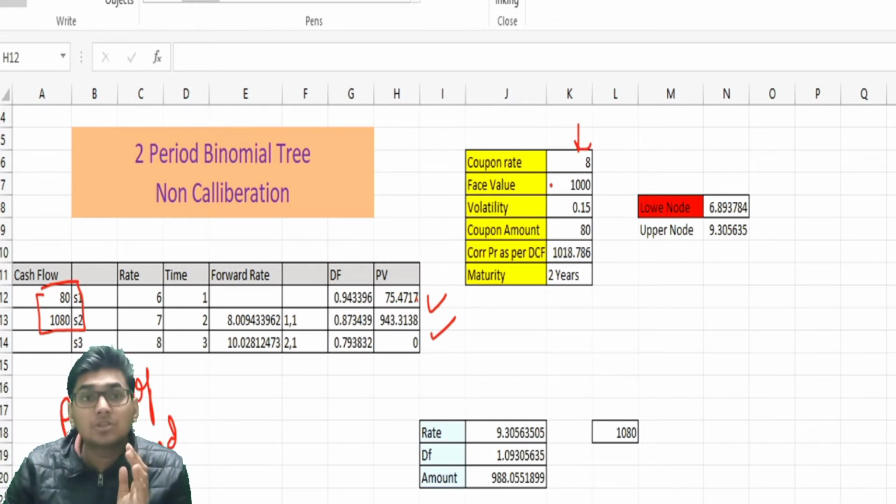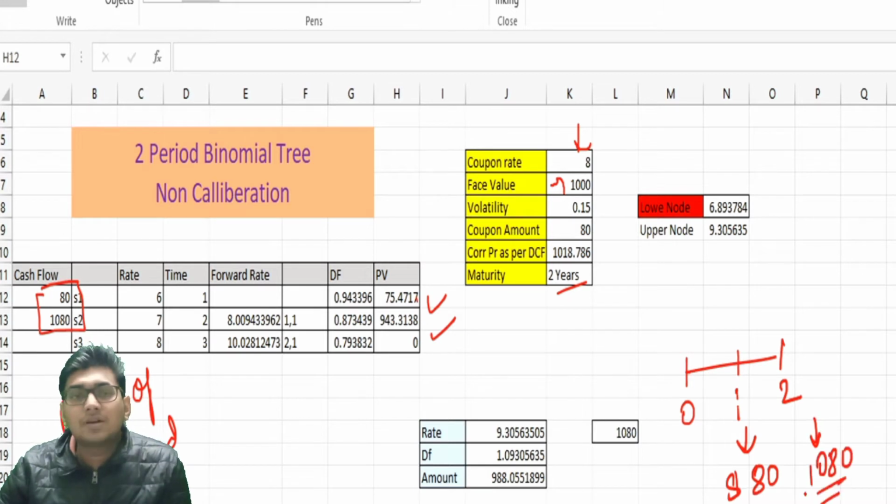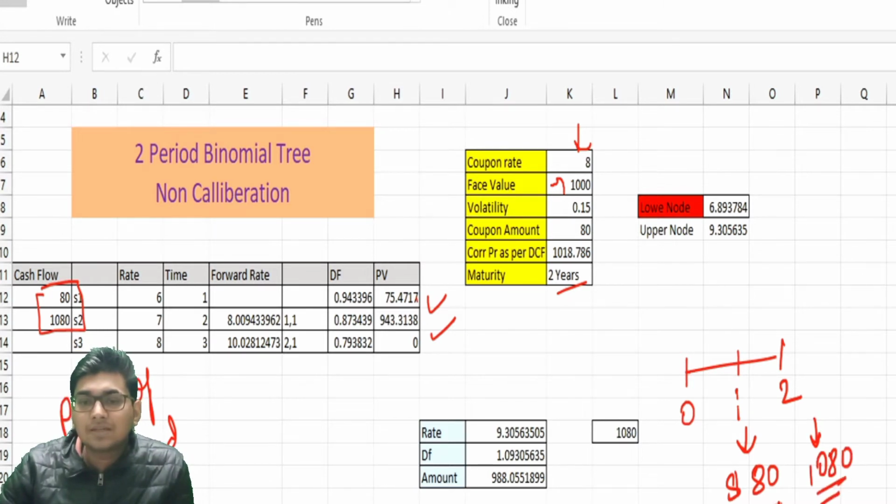So the sum of these two present values I have already mentioned here. Okay, let me open it. Yes, so you can see 1018.786. This is the sum of these values.